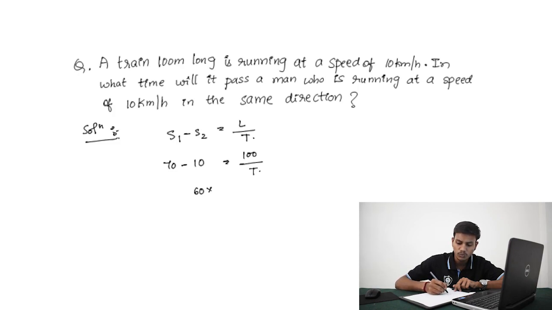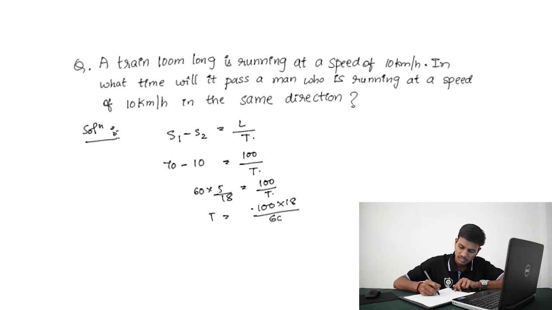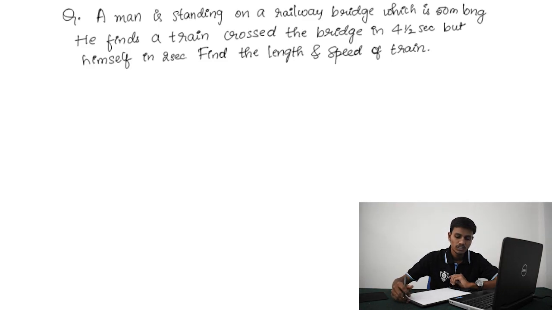We need to convert into meter per second, so multiplied by 5 by 18, which is equal to 100 by t, and time is equal to 100 multiplied by 18 divided by 60 into 5. Zeros cancel, 5 ones are 5, twos are, and 6 ones are 6, threes are. We have 3 twos are 6 seconds. Let's move on to the next question.